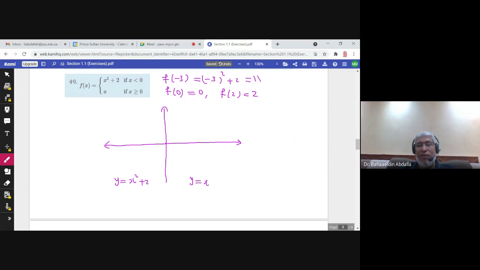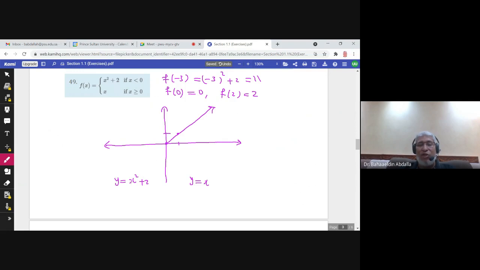At 0, if x is 0, y is 0. If x is 1, y is 1. So that's the graph of this line, y equals x. Well, the equality sign is here, so this point is closed.